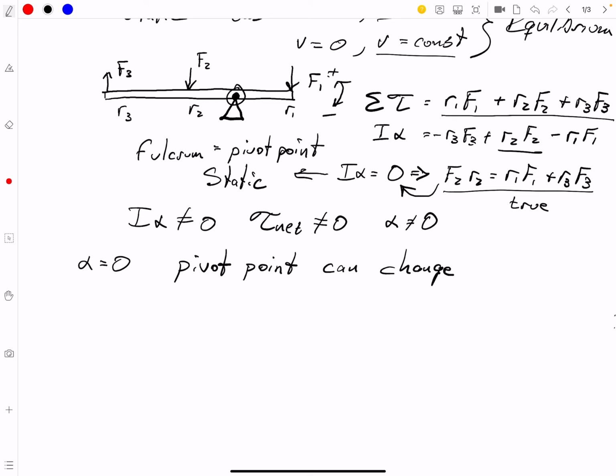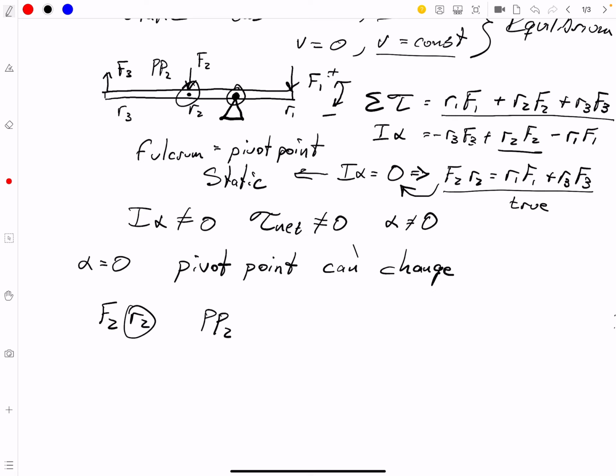And you can make it arbitrarily anything you want. So let's say we don't know anything about F2 or R2. Well, we'd have to know something about R2. But we don't know anything about F2. We can change and make our pivot point here in a static situation. So this is our new pivot point 2.